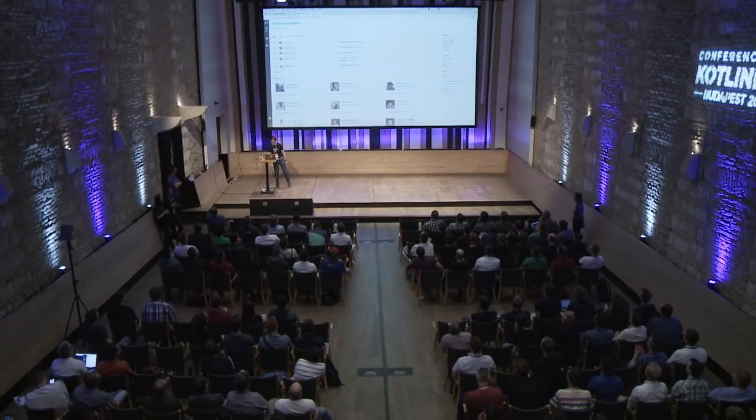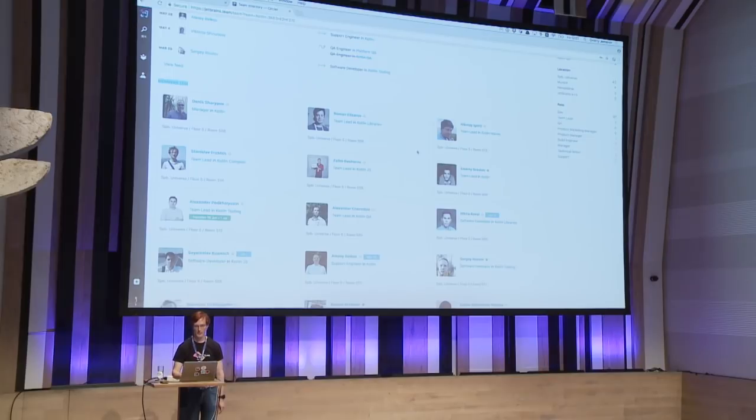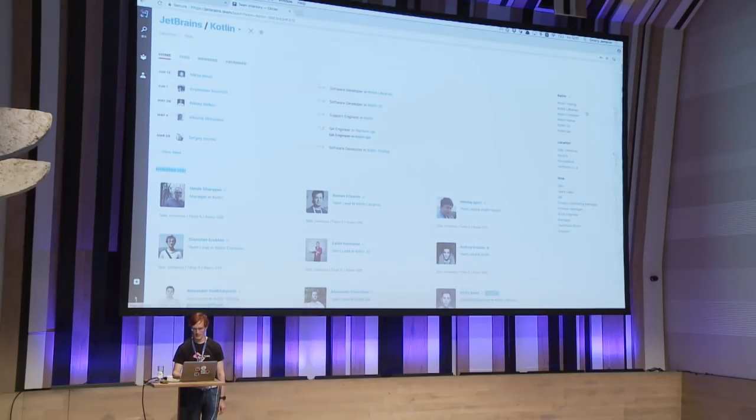So it's 53. This is how many people we have working on Kotlin altogether. Basically, we have 9 people working on the libraries, 8 people working on native, 4 people working on JS. So yeah, there's a fairly sizable team. Thanks.